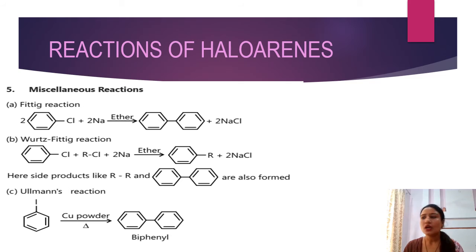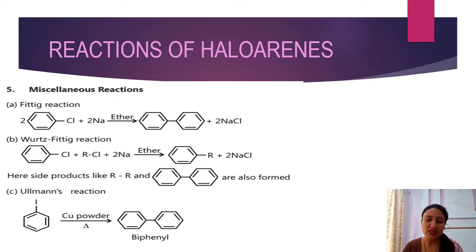Let's recall. Fittig reactions are the reactions in which aryl halide also gives an analogous compound when treated with sodium in dry ether, and this is known as biphenyl. In Wurtz-Fittig reaction, a mixture of alkyl and aryl halide gives an alkyl arene when they react with sodium in the presence of ether.